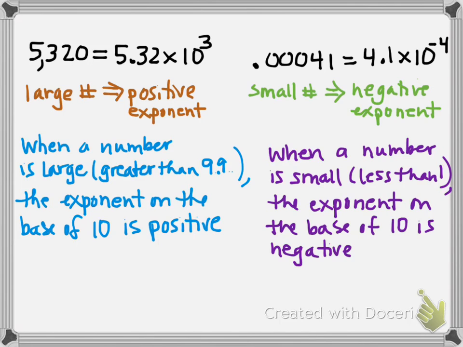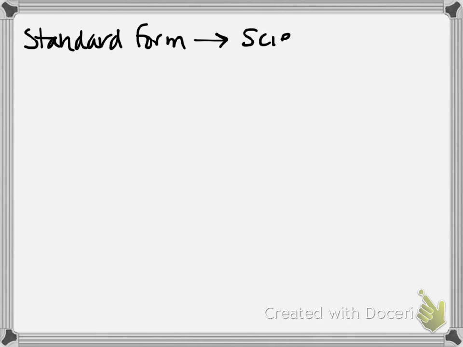Okay, so let's see if we can come up with a description of what I do to change from standard form to scientific notation. Still your note side. No, let's put this here. Still the note side. We haven't gone to the example side yet.